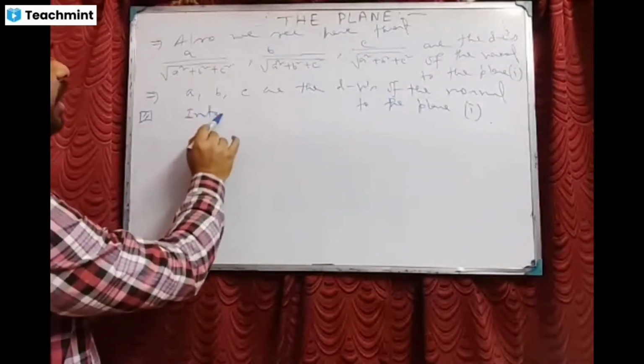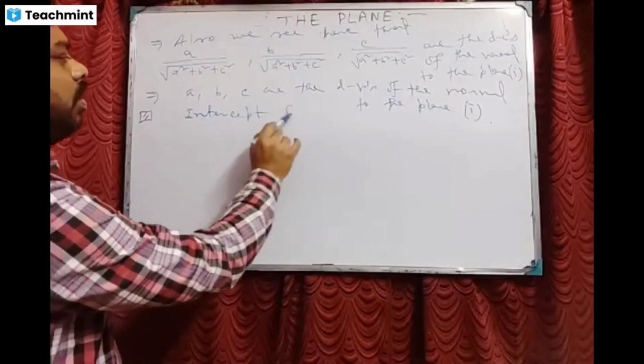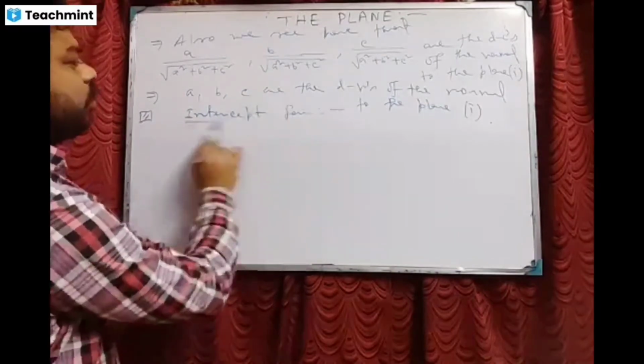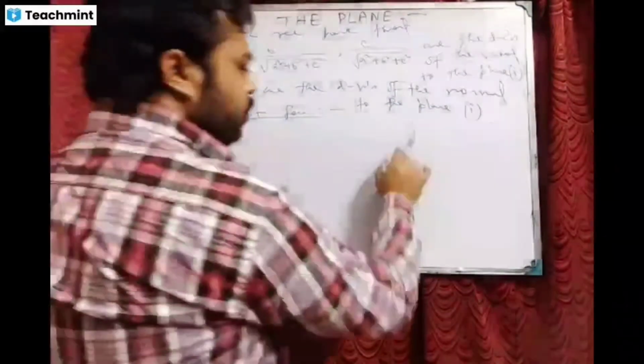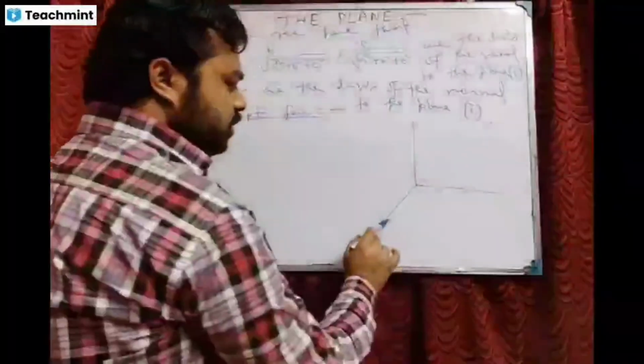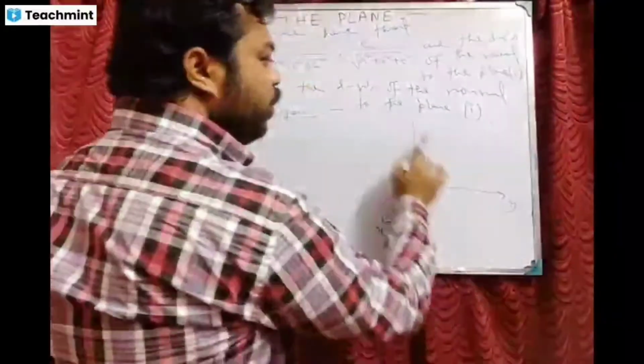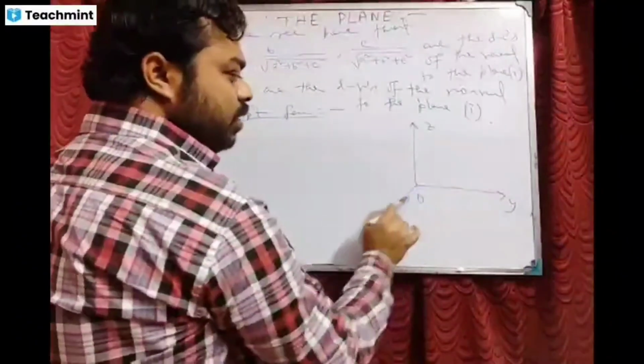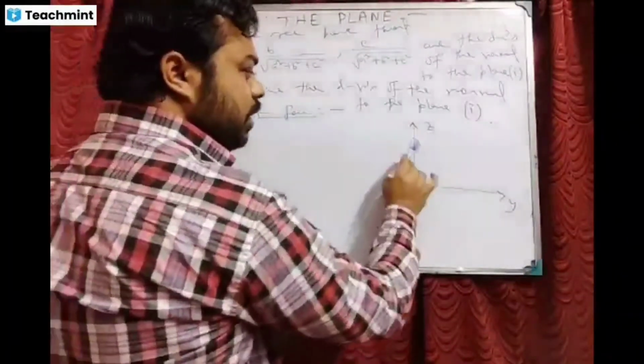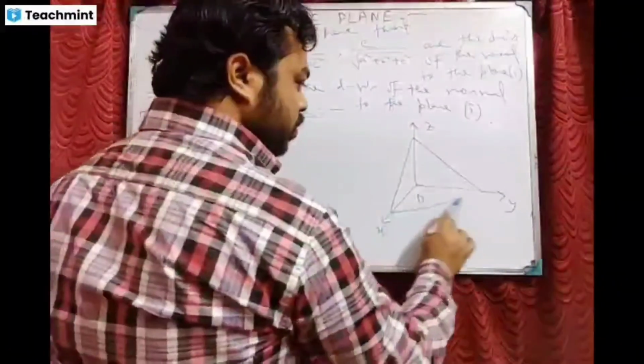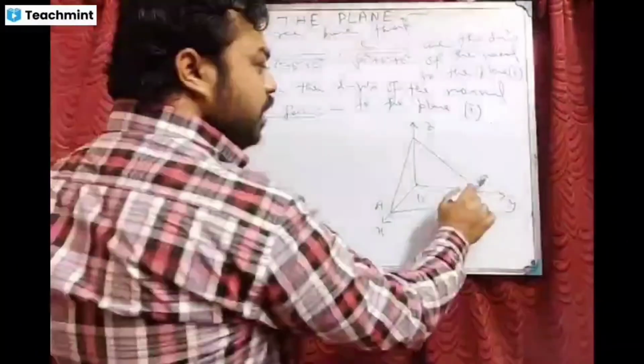What was the intercept form? The intercept form of the equation of a plane. Similar to a line in two dimensions. So this is, say, plane ABC.